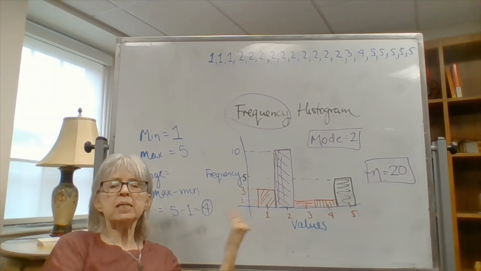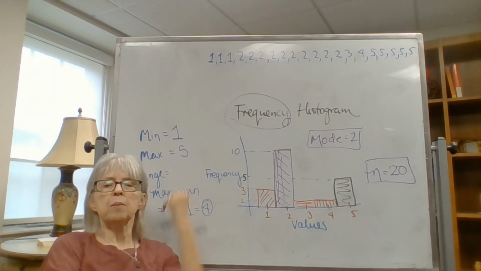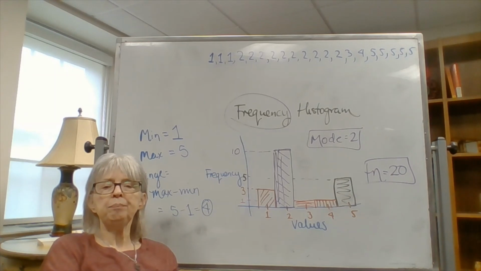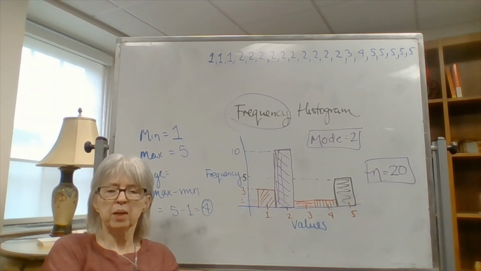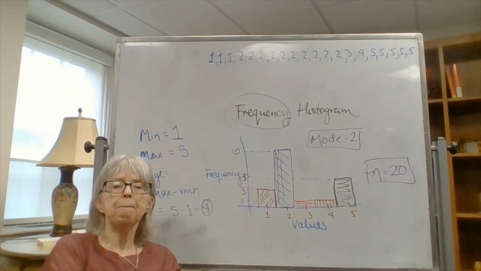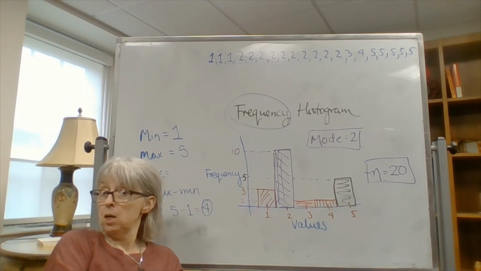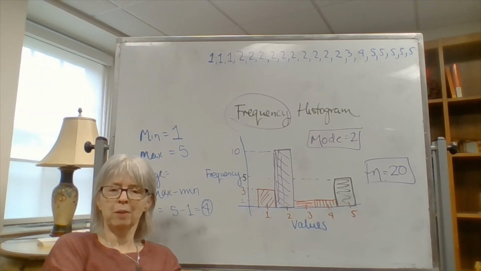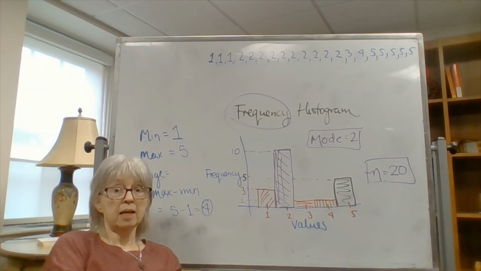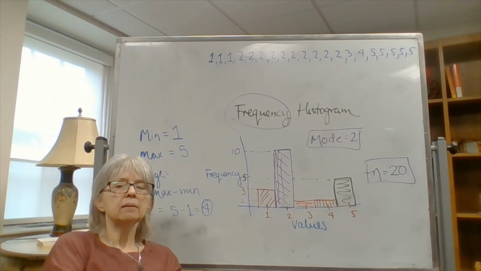Look at the frequency histogram, figure out the minimum, the maximum, maybe the range. I don't know. It's going to depend on how I feel when I type it up. Figure out the mode, or maybe determine if there's more than one mode. Sample size.